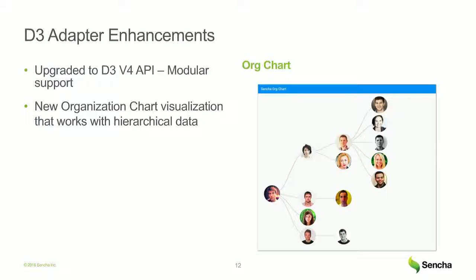So if you already have something like a tree store, which represents hierarchical data within the Ext JS application, then it's easy to tie that to both something like a grid or a pivot grid, as well as to a visualization of some sort, like an org chart or perhaps a tree map or something from D3, and have that all work seamlessly and make it really easy for developers to add that capability.